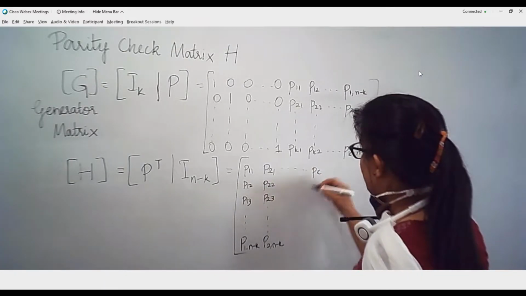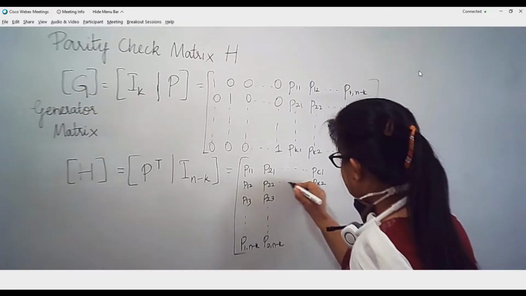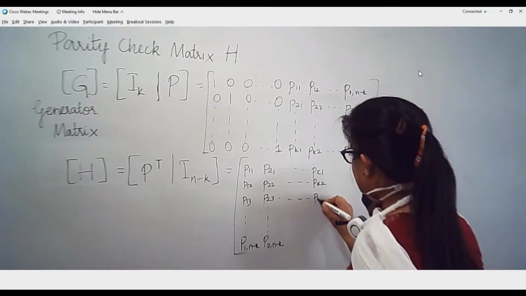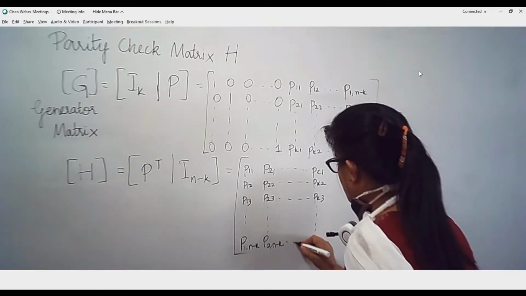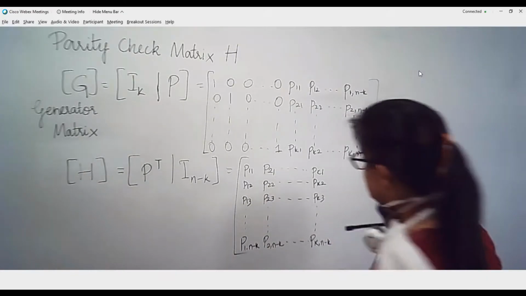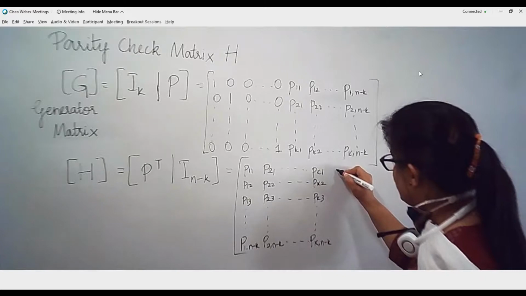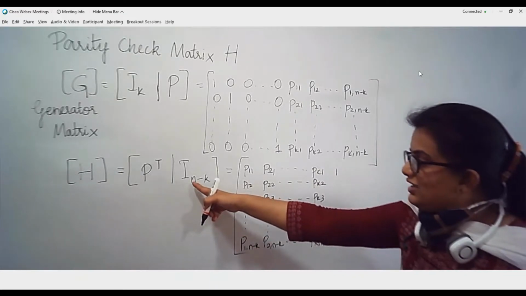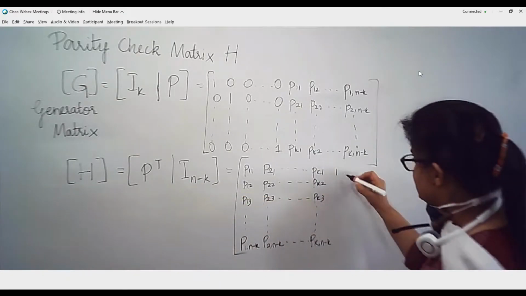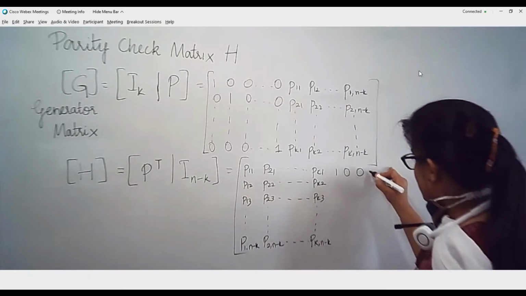The last row in the parity matrix would be PK1, PK2, PK3, so on, Pk, n minus k. So this will be the first part, and the second part will be appended with the identity matrix of size n minus k.